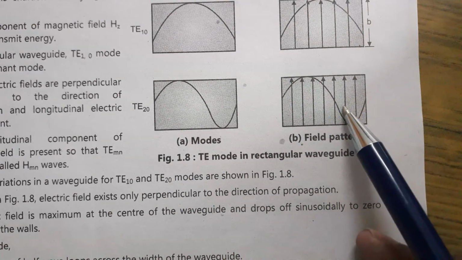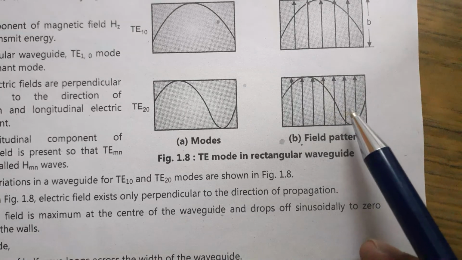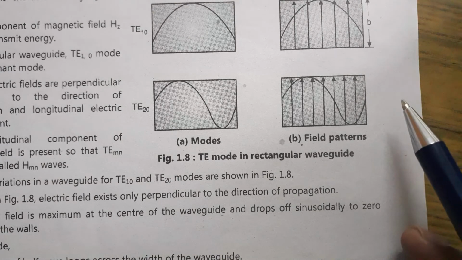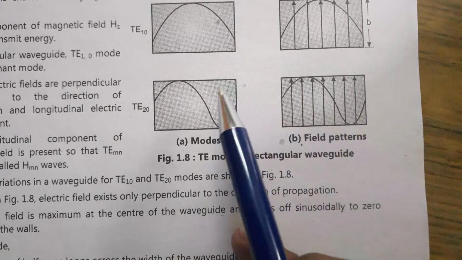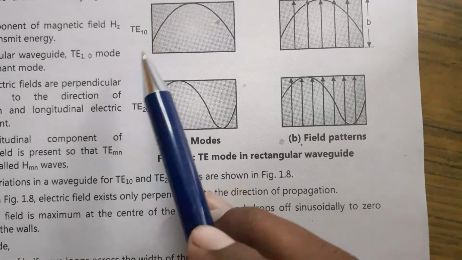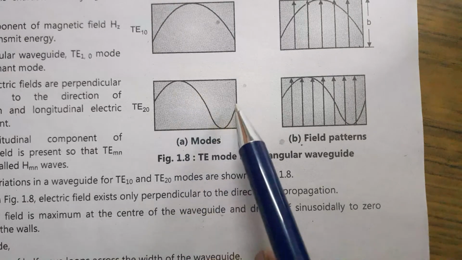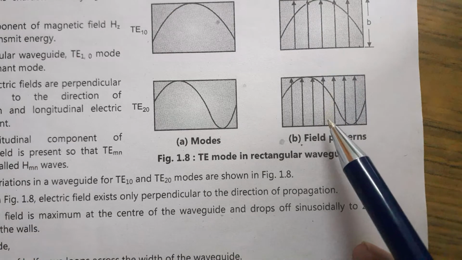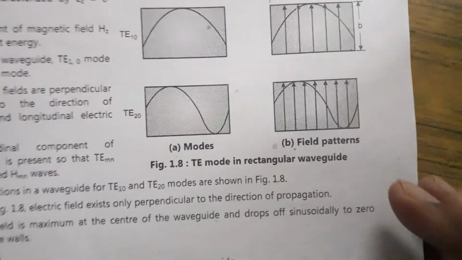So choose the dimension of the waveguide in such a way that the given input signal of the dominant mode can be transmitted through the waveguide. You will observe the two modes TE10 and TE20. Just check the waveforms. In both modes, the electric field is perpendicular to the direction of propagation of waves. Okay. So this is for the rectangular waveguides.